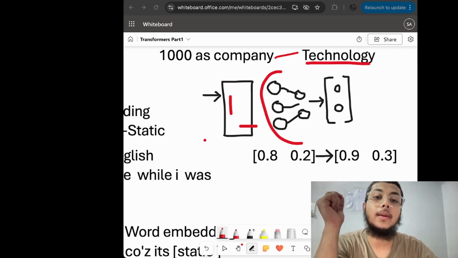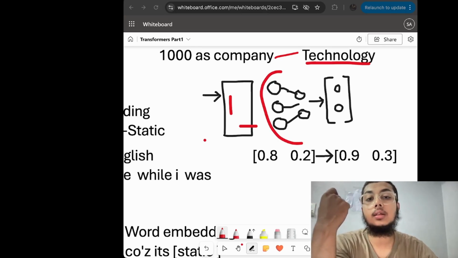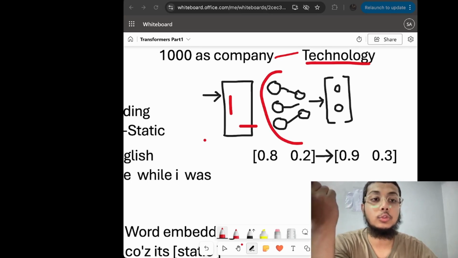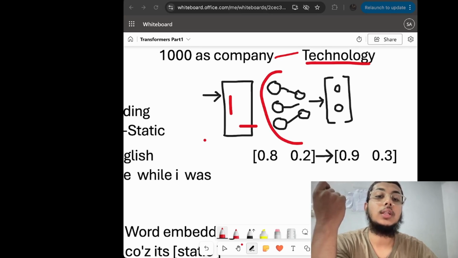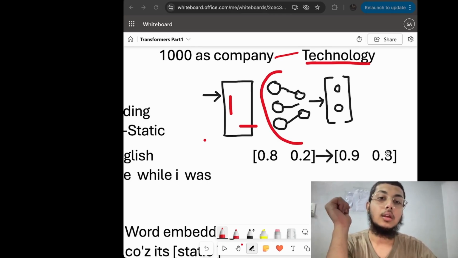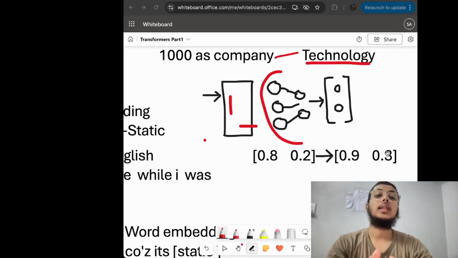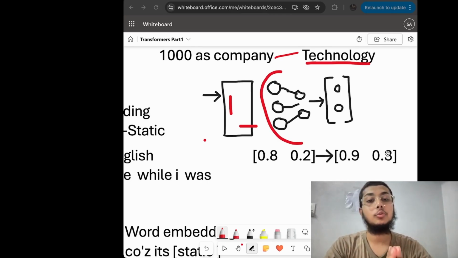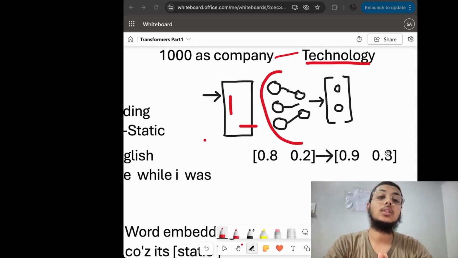Then in the same way, more sentences will come, where sometimes apple will come as a fruit, sometimes as a company. Let us assume that there are 10,000 sentences in our data, and in 9,000 sentences it comes as a fruit, and in 1,000 sentences it comes as a phone company.